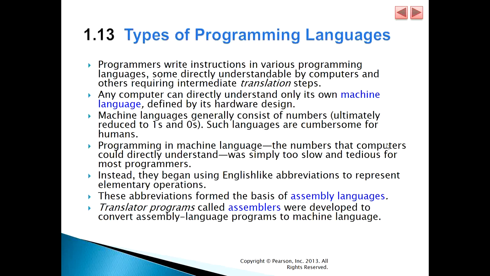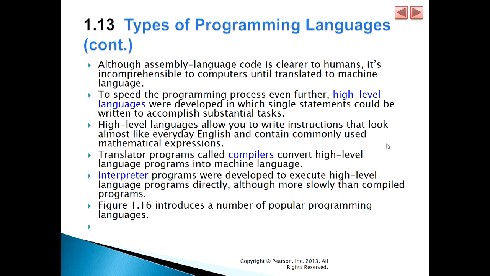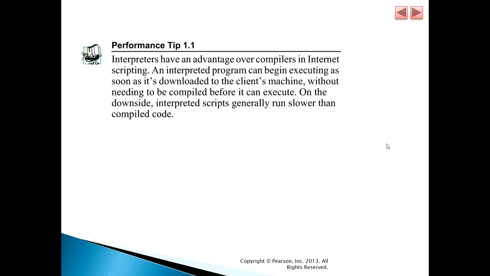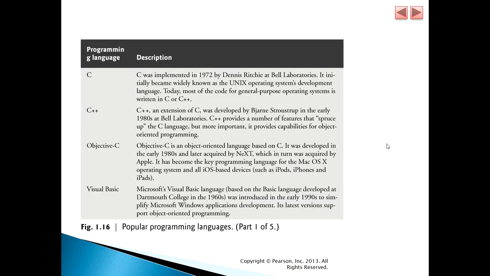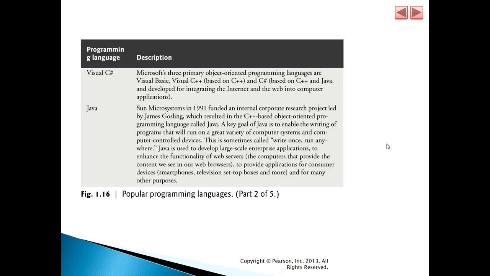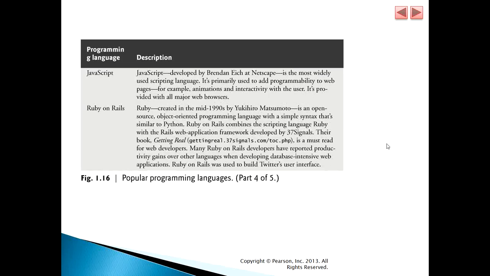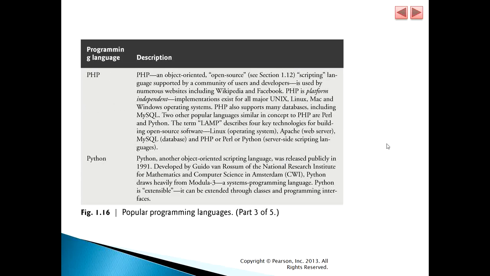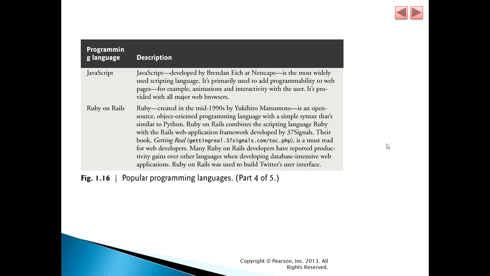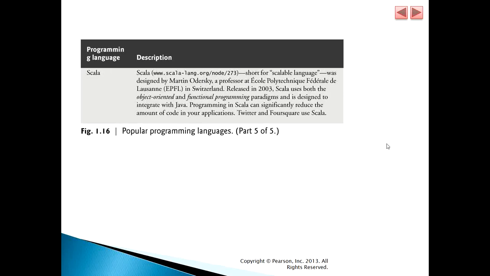Assembly language needs assemblers so that it can be translated to a specific program, and high-level language can be either interpreted or compiled, like C++, Java, and C Sharp, which need to be compiled, of course. These are examples of programming languages: C, C++, Visual Basic, Visual C++, Java, and so on, PHP, and Python. These are scripting languages, in fact. And also JavaScript and Ruby on Rails are scripting languages, Scala as well.